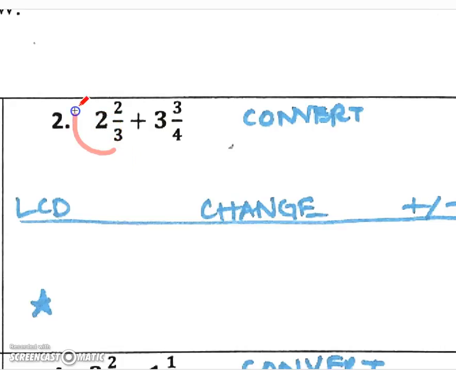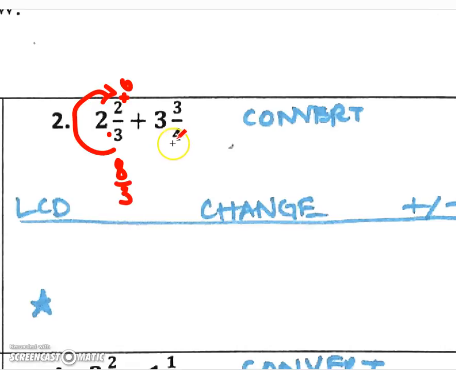Again, I'm going to go around the world, starting with multiplication. 3 times 2, that gives me 6. And then 6, add 2, because remember we find that number, and then we add the numerator to it, that gives me 8. So I just changed that to an improper fraction. That improper fraction is 8 over 3.